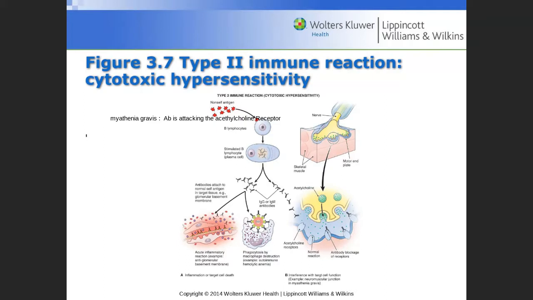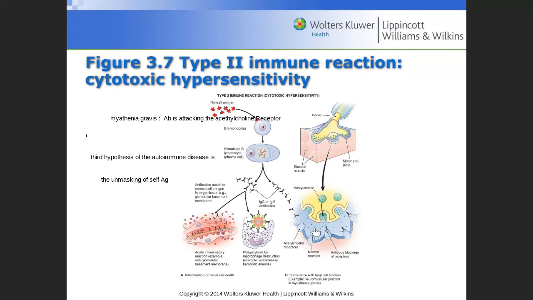The third hypothesis of autoimmune disease is the unmasking of self-antigen.